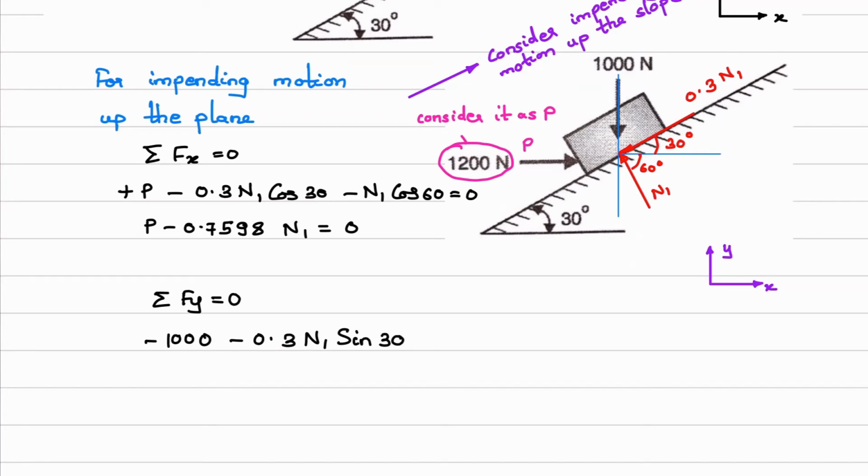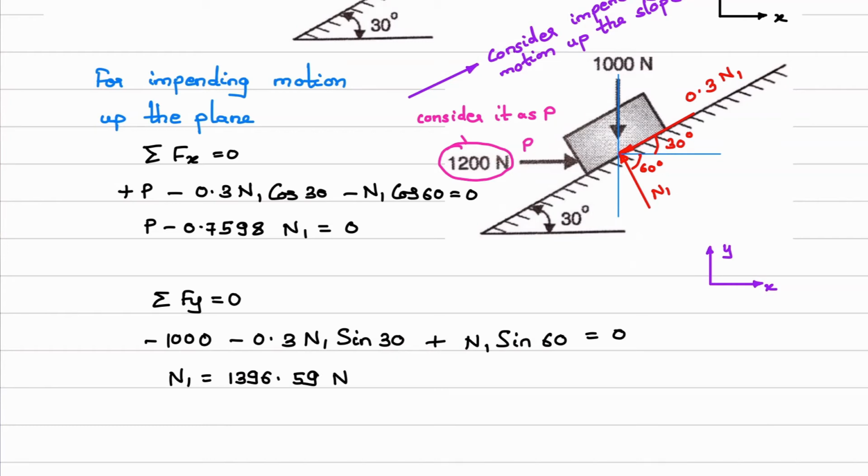Then the normal reaction y component is in the upward direction, so plus N1 sine 60 equal to 0. Now here, since the angle of normal with horizontal is 60, the x component is the cos component and the y component is the sine component. So from here I can calculate N1. N1 is equal to 1396.59 Newton.